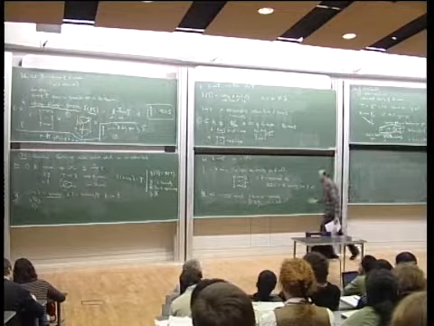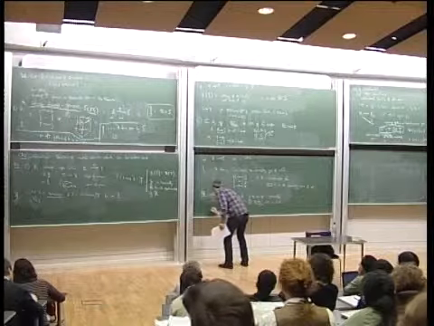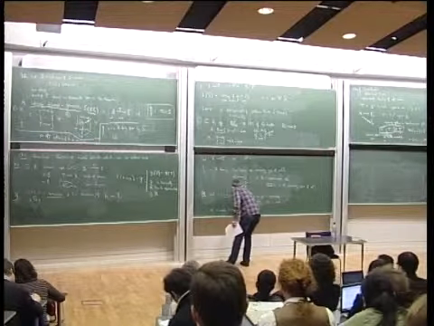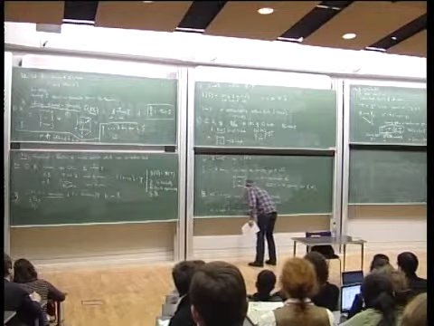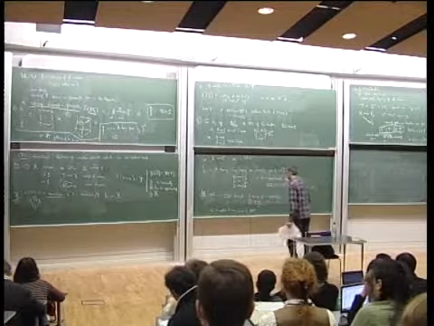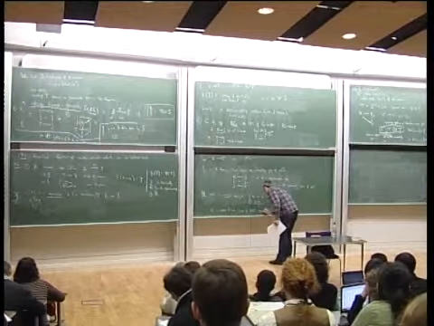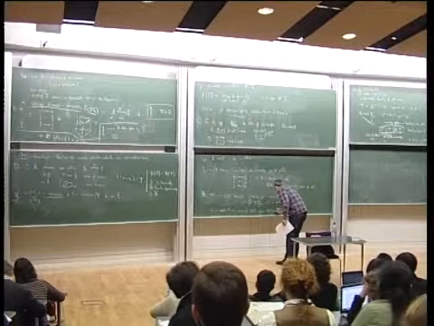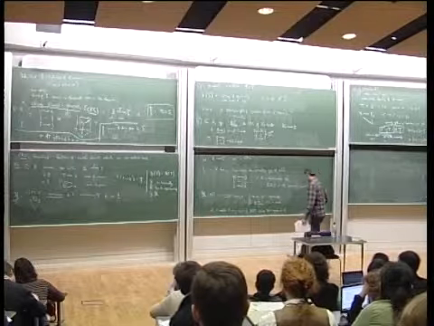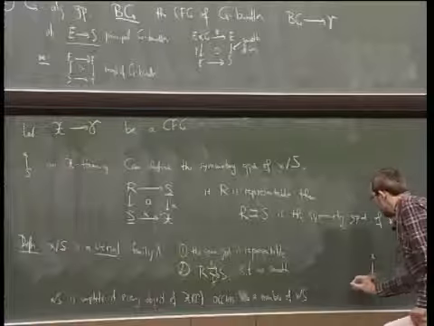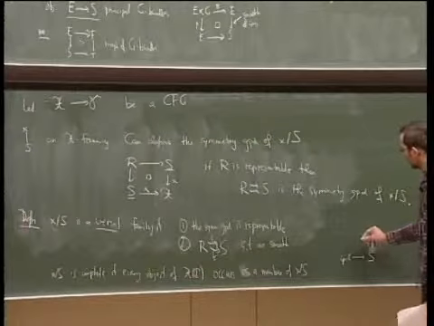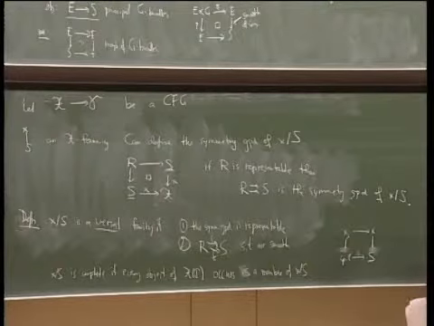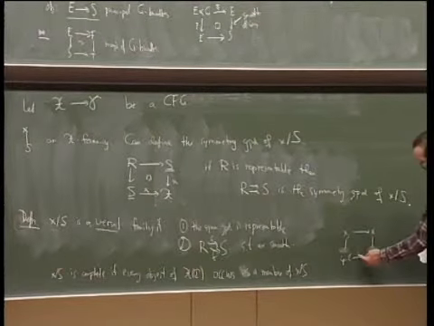So if I have a family X sitting over S, and I have a point of S, little s, I can form the pullback, that gives me the member of the family given by the point s.